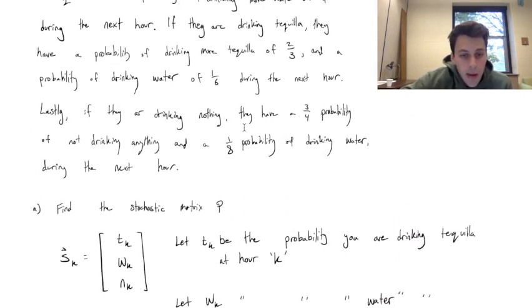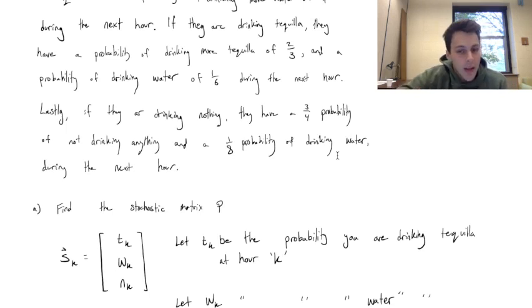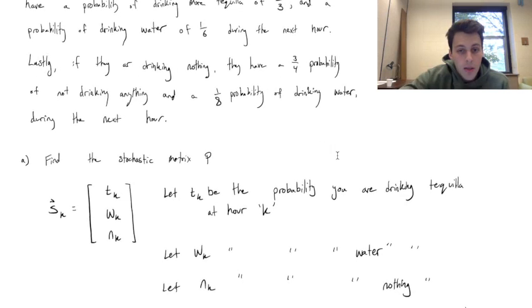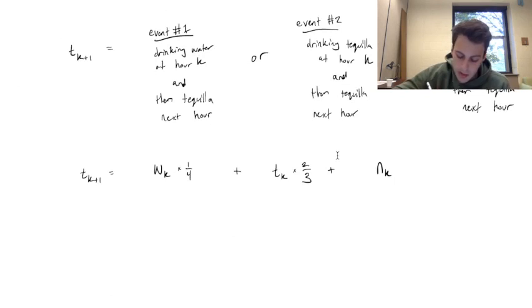If they're drinking nothing, they have a 3/4 probability of not drinking anything again, and a 1/8 probability of drinking water, which means that there must also be a 1/8 probability that they are drinking tequila. And that's because 3/4 plus 1/8 plus 1/8 needs to equal 1. So this will be NK times 1/8.